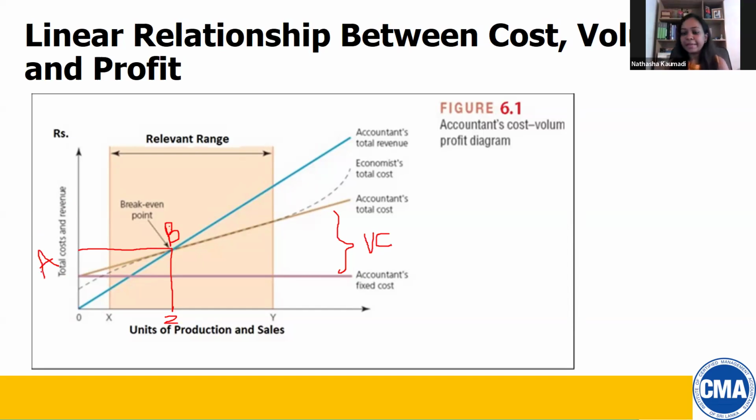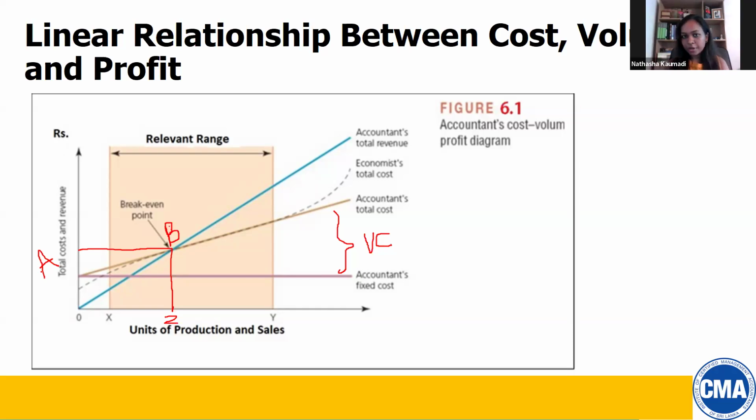To reach the break-even point, the point where there are no profits and no losses, how much sales do we need to make?